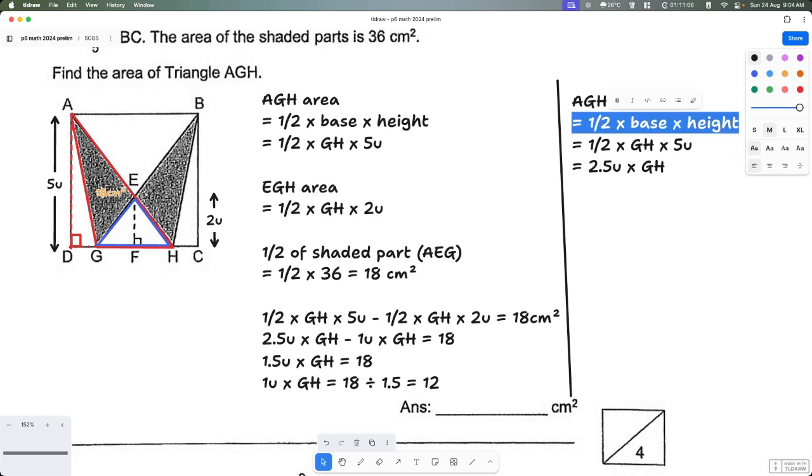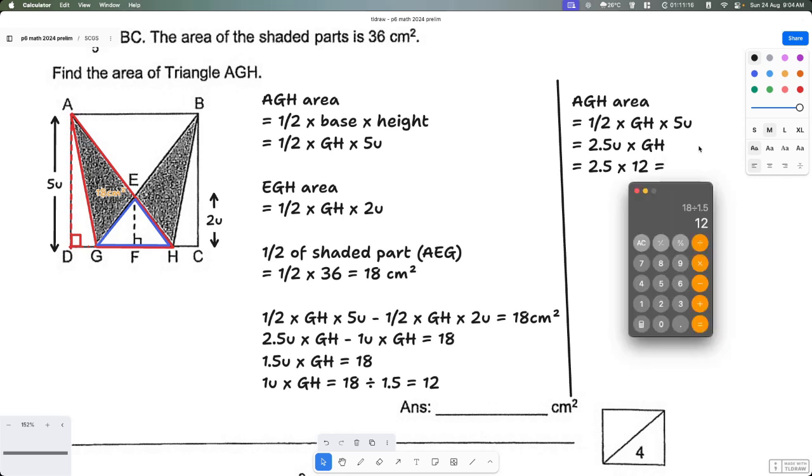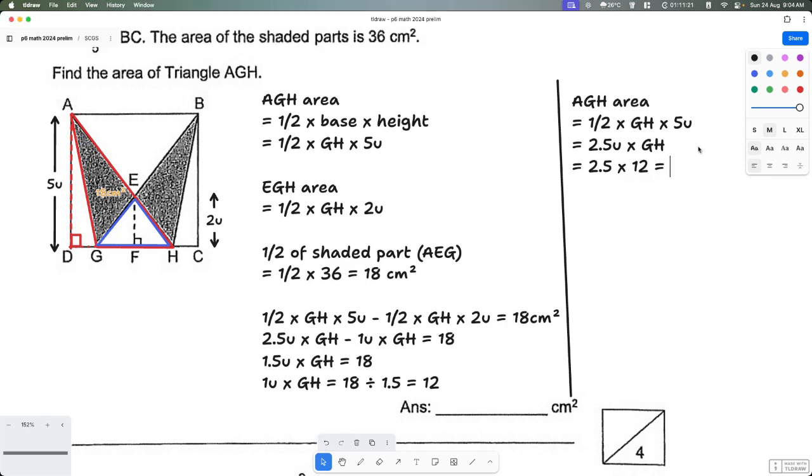So 2.5 times GH is basically 2.5 times 12, which will give us 30 centimeters square. There you go, that's the answer, 30 centimeters square. That's it, let's move on to the next question.